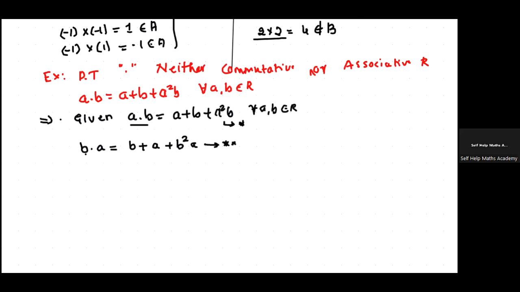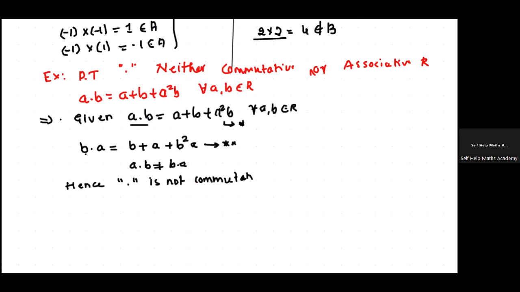Hence A dot B is not equal to B dot A. Hence we can say that the binary operation is not commutative here.